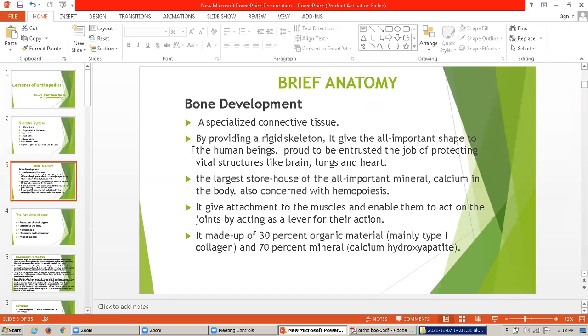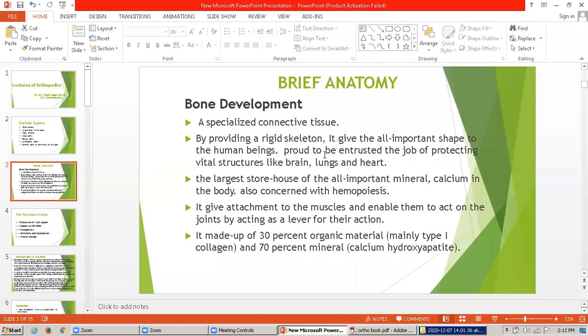In that, we will study that bone is a specialized connective tissue, and by providing a rigid skeleton it gives the all-important shape to the human being.